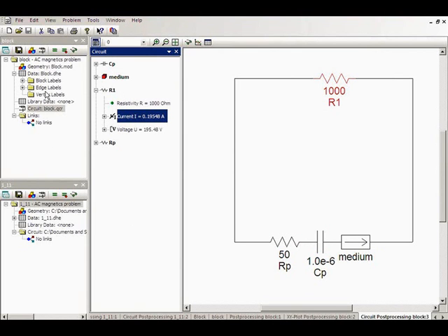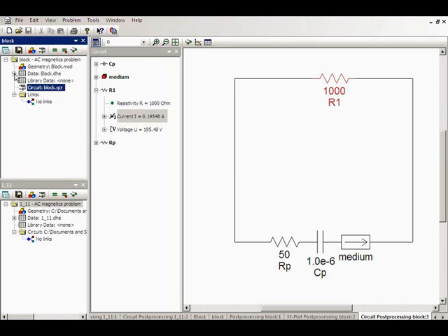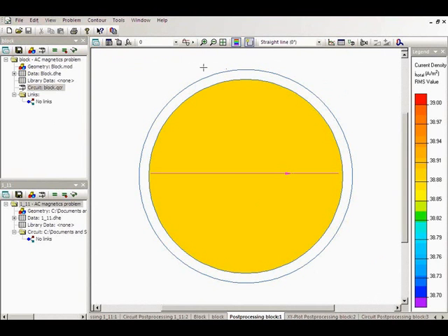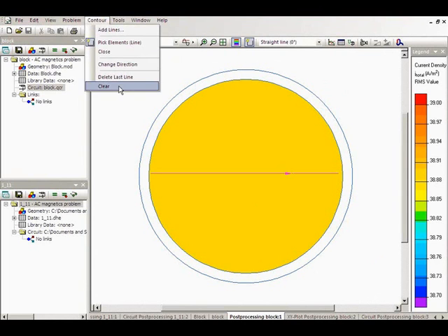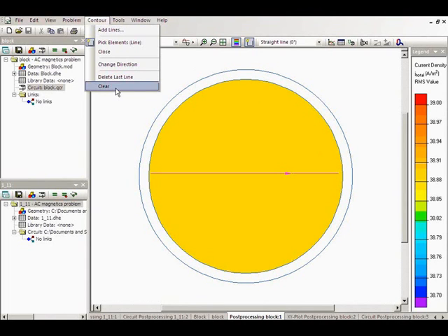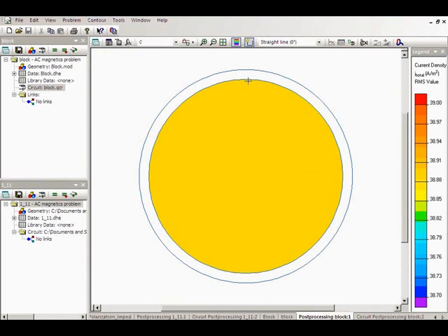Another thing we can look at is the Joule heating of our solution. So let me clear a contour, and I'll simply add a contour surrounding here.